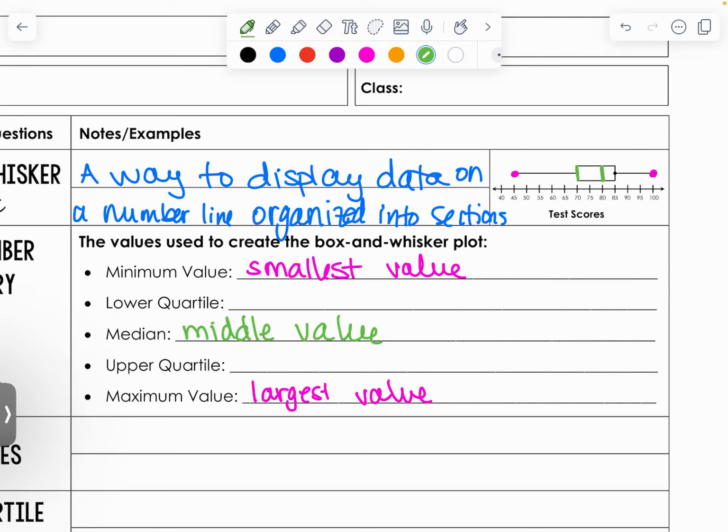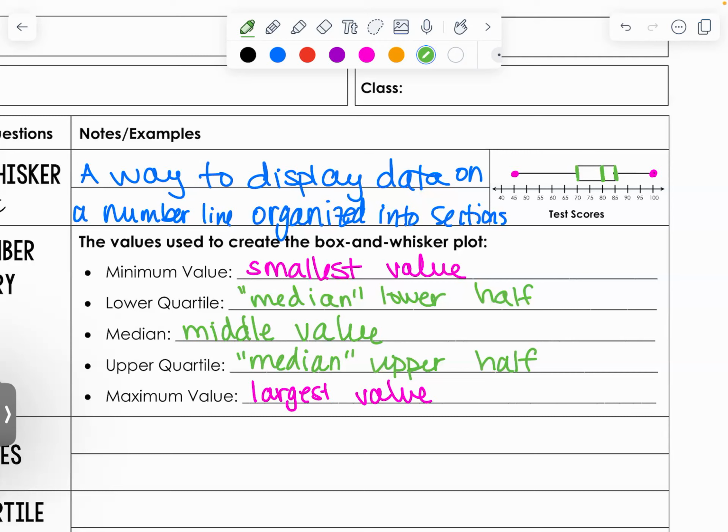So our lower quartile is the median of the lower half of our data, and the upper quartile is the median for the upper half. Basically, we are breaking our data into quarters, hence the term lower quartile and upper quartile.